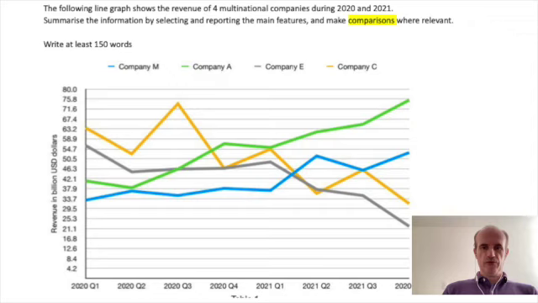Now, the first thing that you want to mention in the introduction is the type of graph. This is of course a line graph. The second thing is the topic, or in other words, what the graph shows. Next, you want to mention where the information is measured.